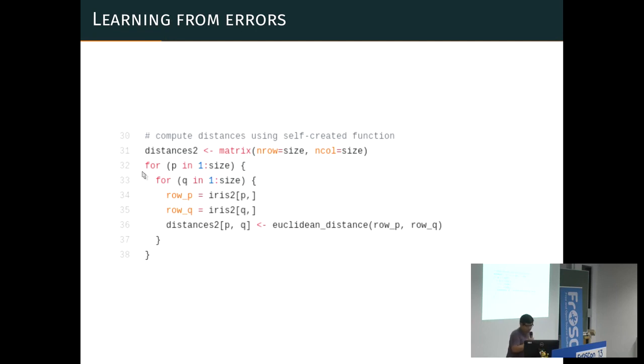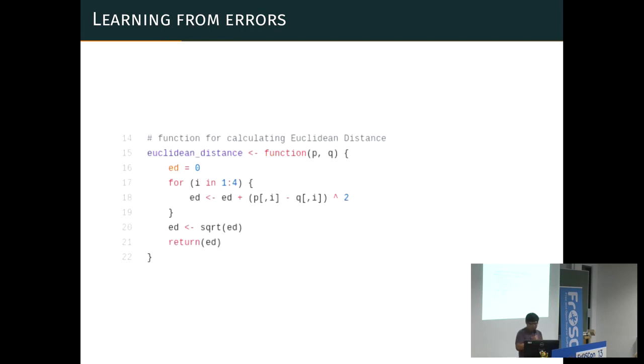for matrix distance. And as you can see, there are some for loops, some indexations that are not quite efficient, but still this code is working.